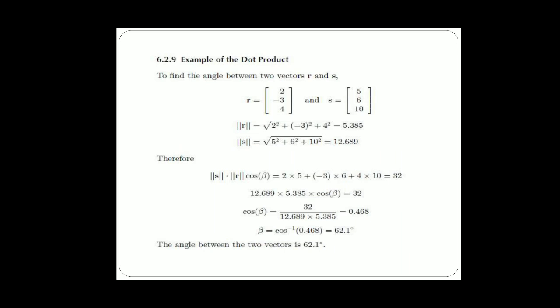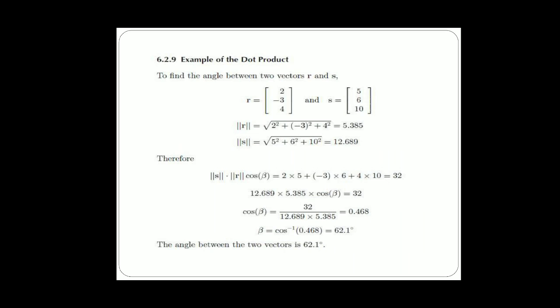Cos beta is equal to 32 upon, that is, I change the denominator to numerator. When I take a value outside the equal to sign, I change its position: the numerator is changed into the denominator and the denominator into the numerator. After the multiplication and division, I get 0.468.